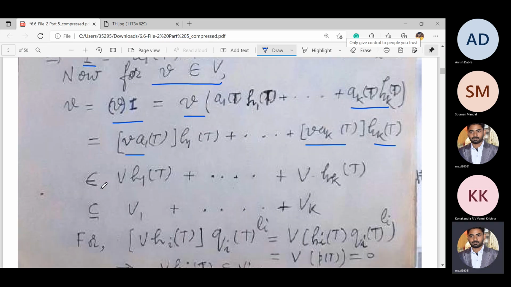Now this belongs to V h1(T), where capital V is the vector space.